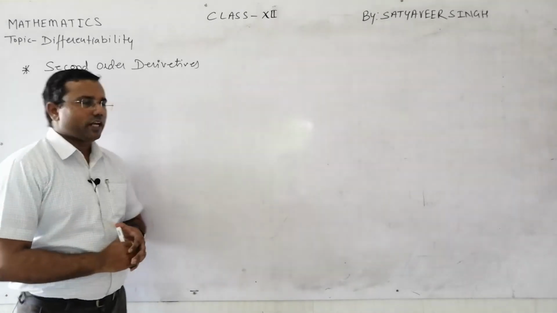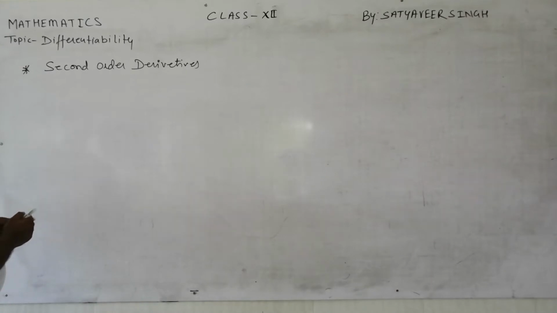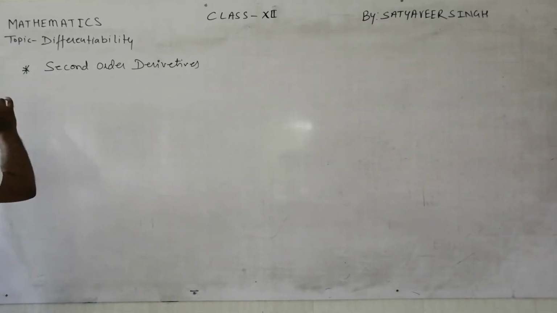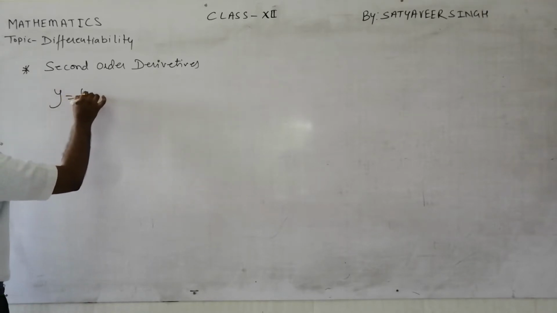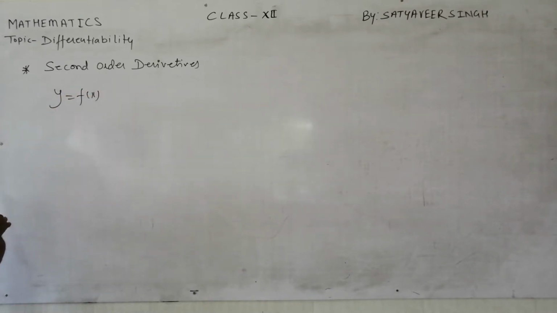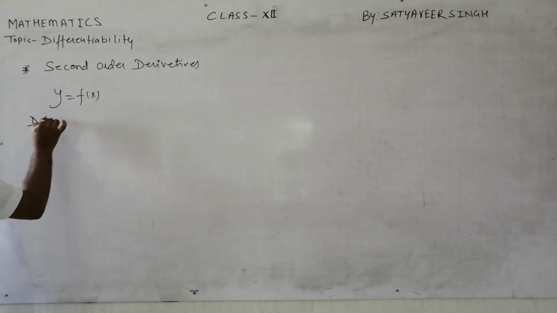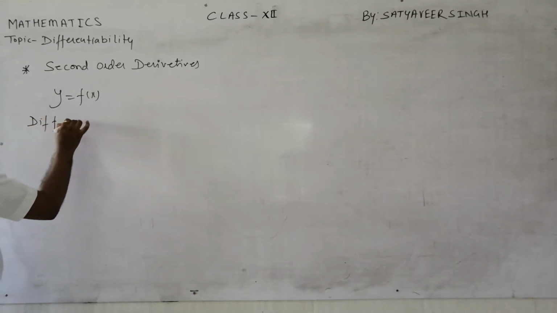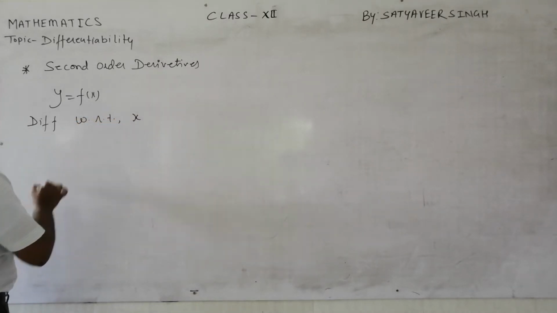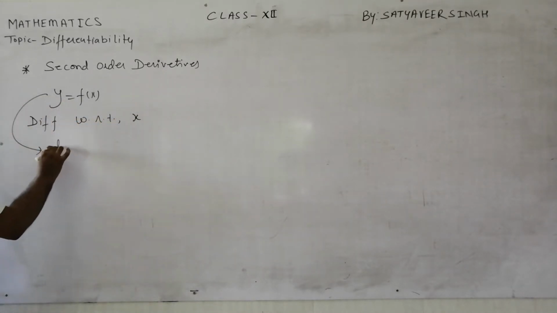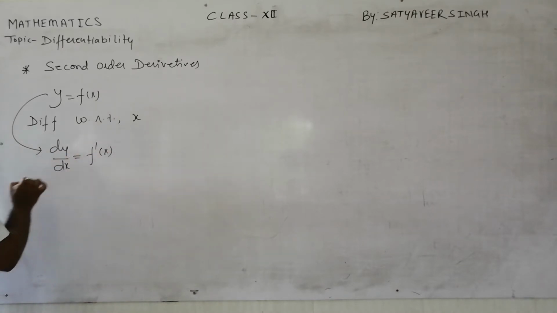So let us see, in today's lecture I want to discuss with you what is second order derivative. Student, you know that y is equal to f(x) is a function. If you differentiate with respect to x, then we get dy by dx is equal to f dash x.